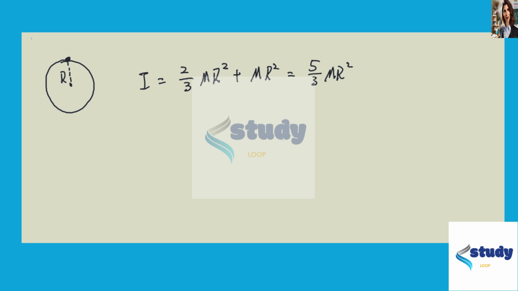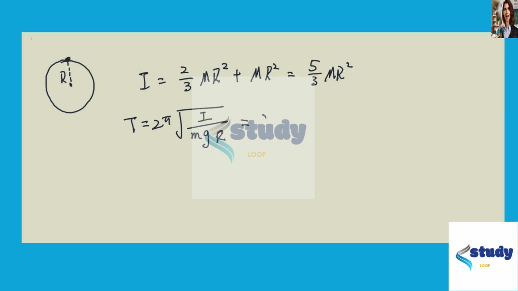And we know that the period equals 2 pi square root of the moment of inertia over mass times gravitational acceleration times d, the distance, which is the radius in our case.